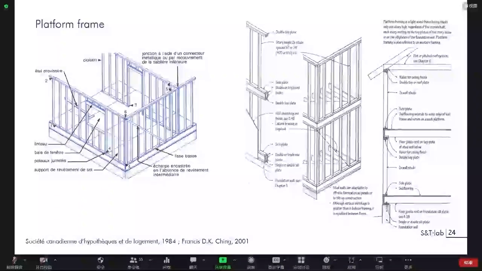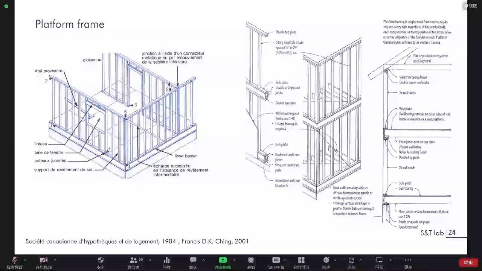Later on, the system will evolve towards the platform frame. These bracing elements will most of the time be replaced with panels, and that's yet another way to design timber construction. With platform frame, you just have the structure corresponding to one story, one level, and they are just superimposed on each other, with the question of the global behavior against the horizontal forces coming from wind.